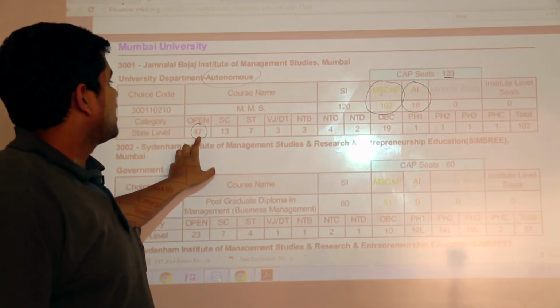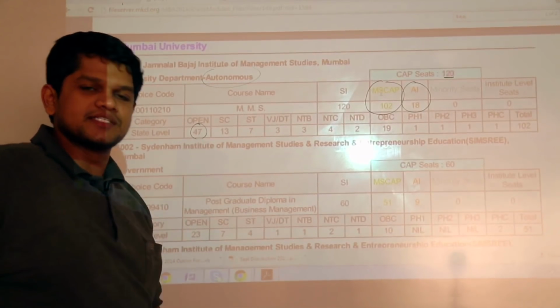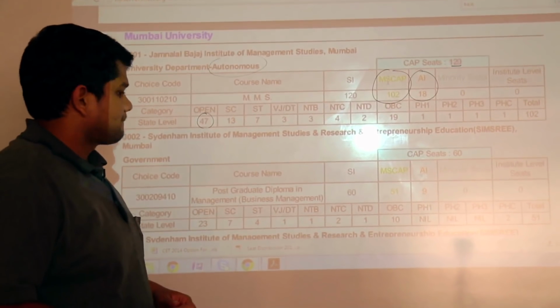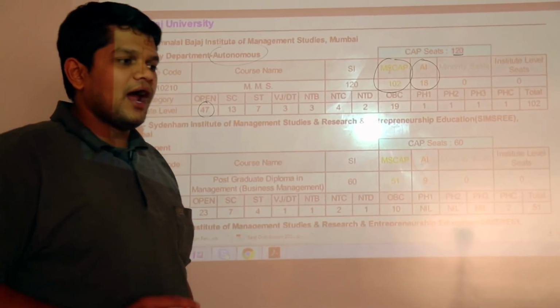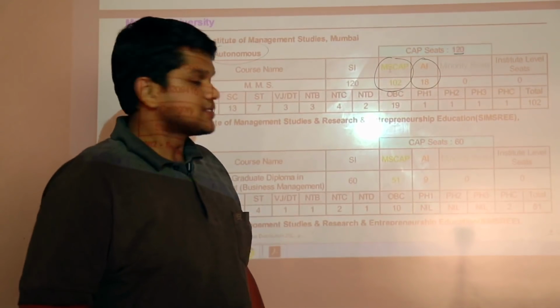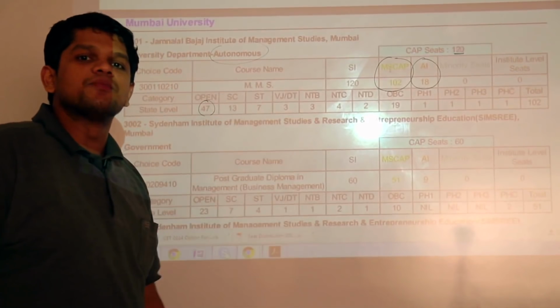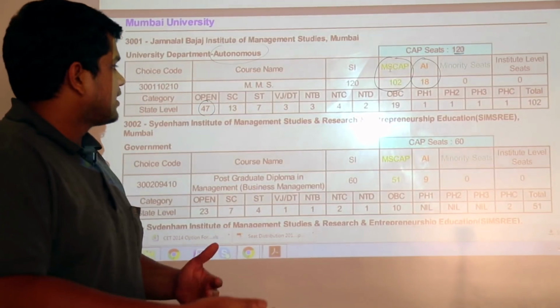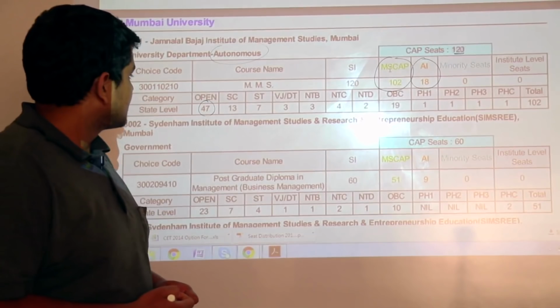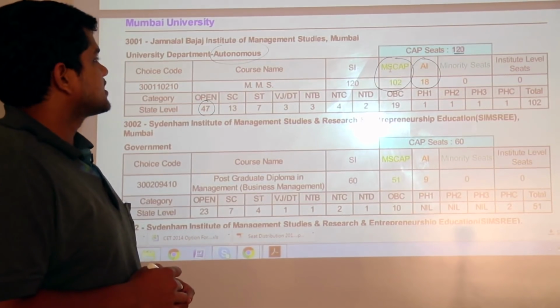So you would probably have a higher competition this year. I would not be predicting at what rank you would get into JB, because this is the first year JB is going on with 47 open seats. So let's see, making predictions would be a difficult task for this CAP round at least.